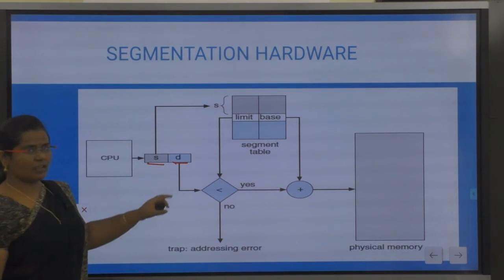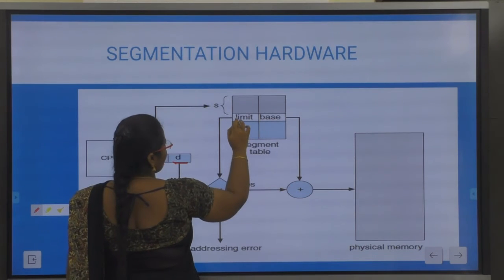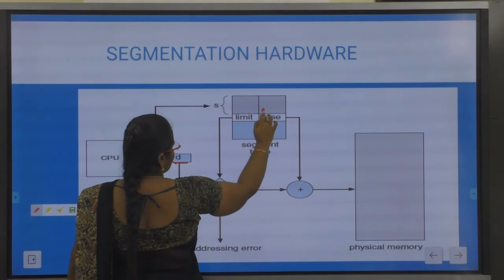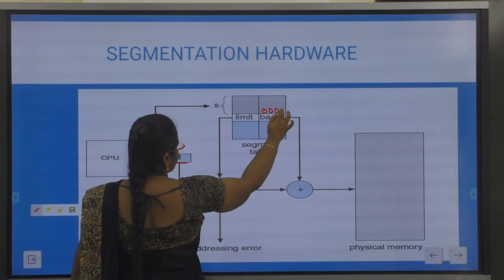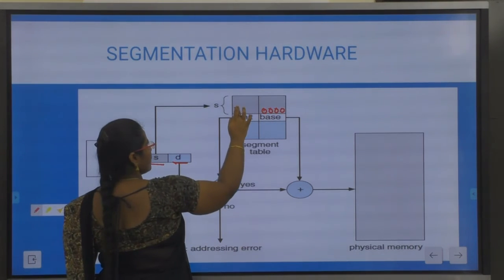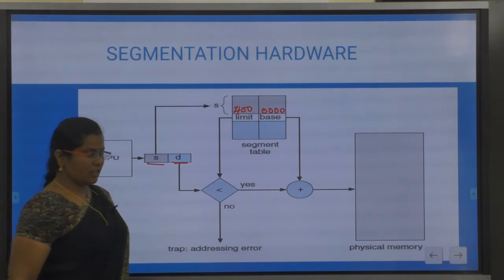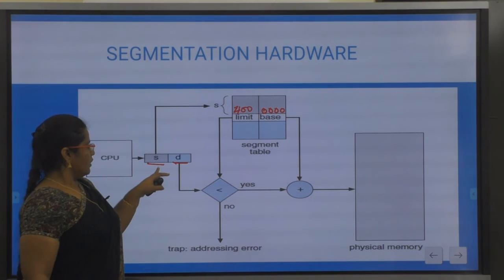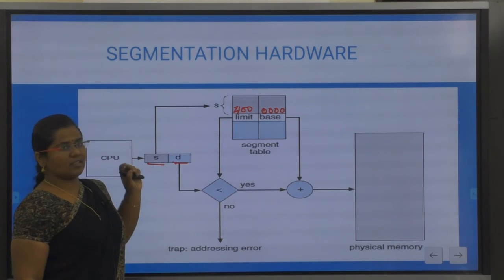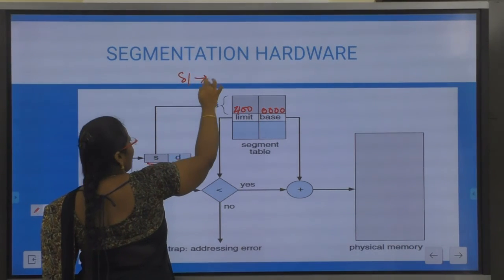Here we are considering the offset as D. The segment table contains the limit and base. Let us assume the base address as 000 and my limit is 400 bytes.